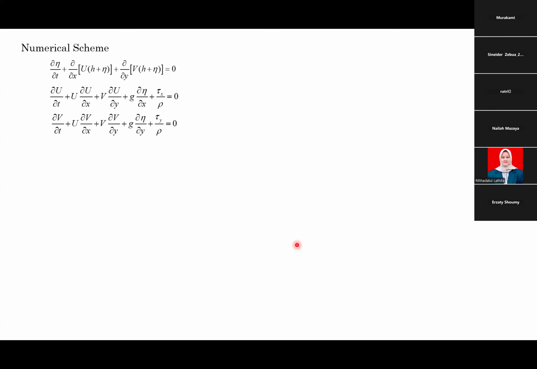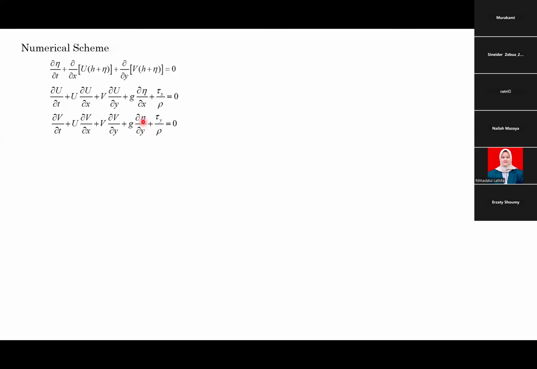So next is the numerical scheme. Again, this is the mass conservation equation, and these two are the equations of motion.